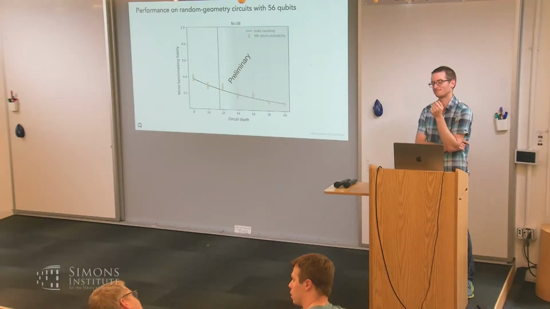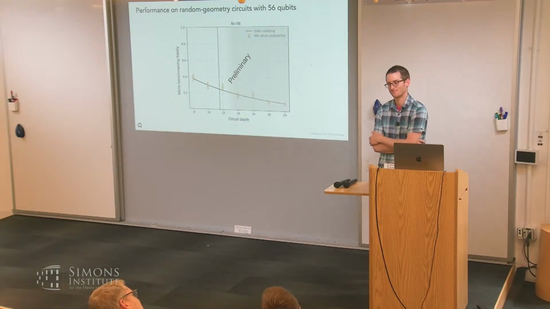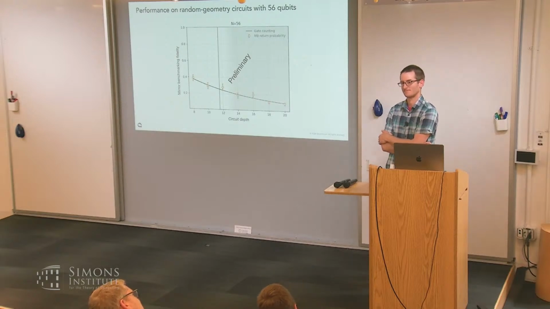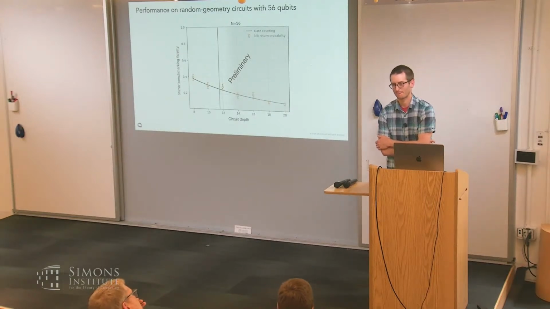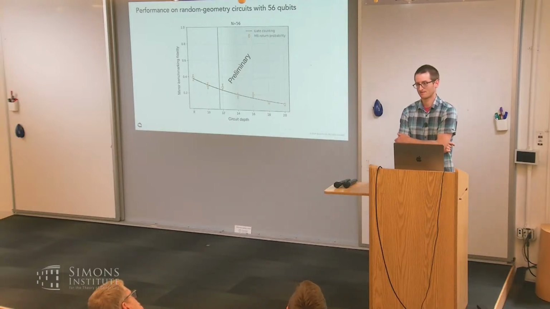Yeah, go ahead. Maybe I missed it when you showed those color plots, but how did you measure the complexity of trying to optimize tensor contractions in this regime, on the largest circuits, and how does that compare to other experiments? Yeah.